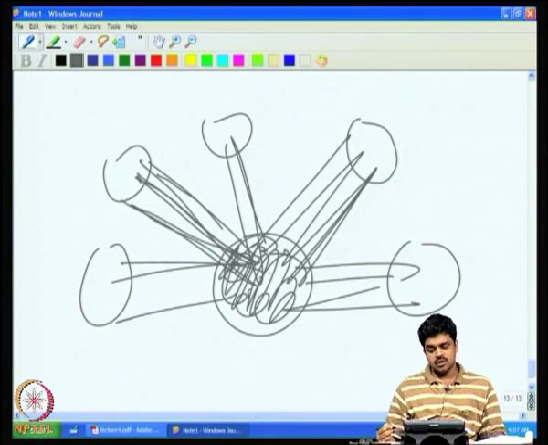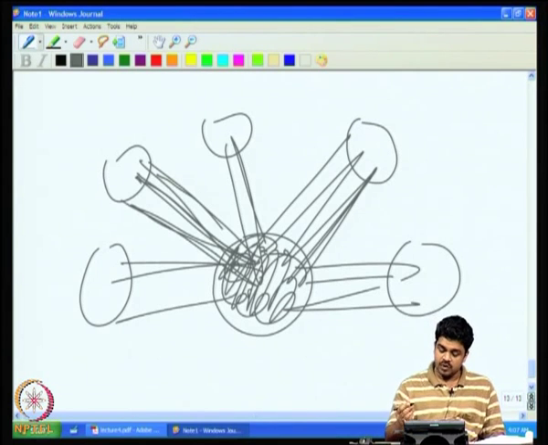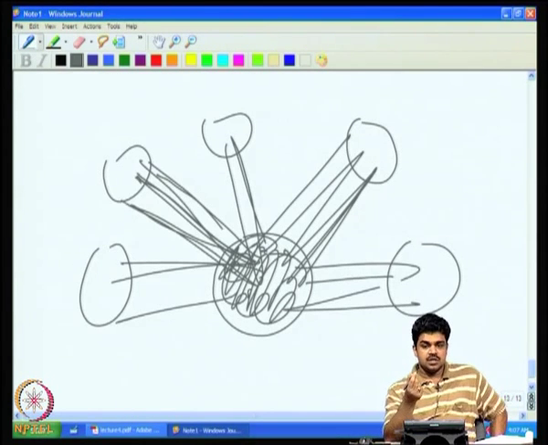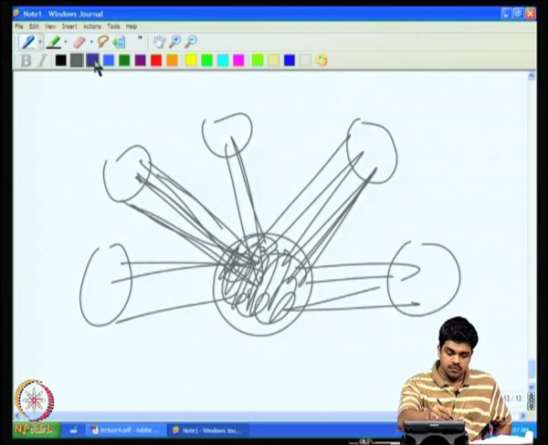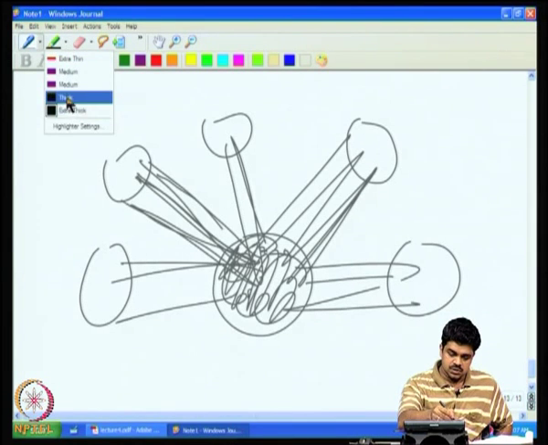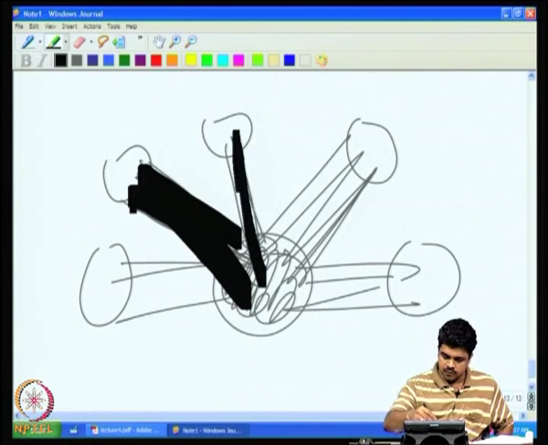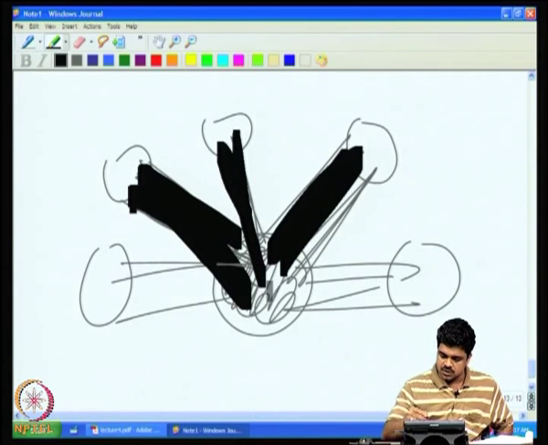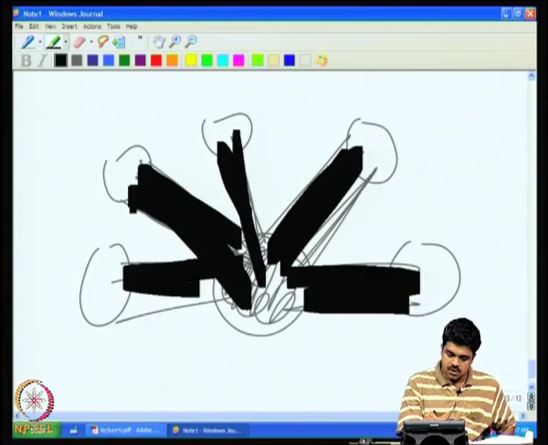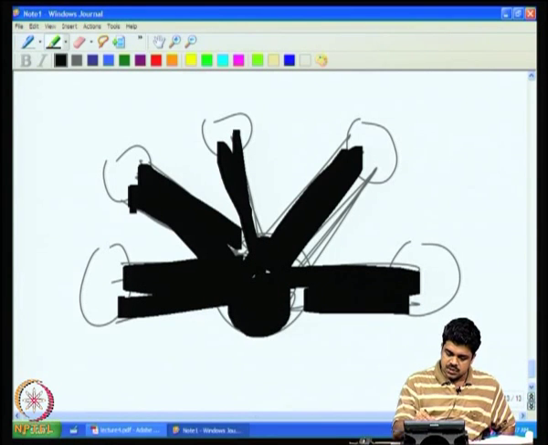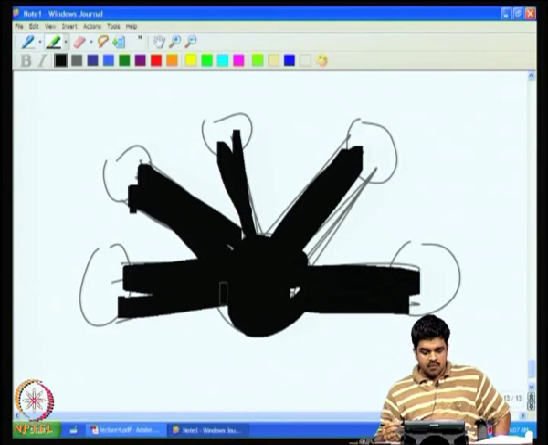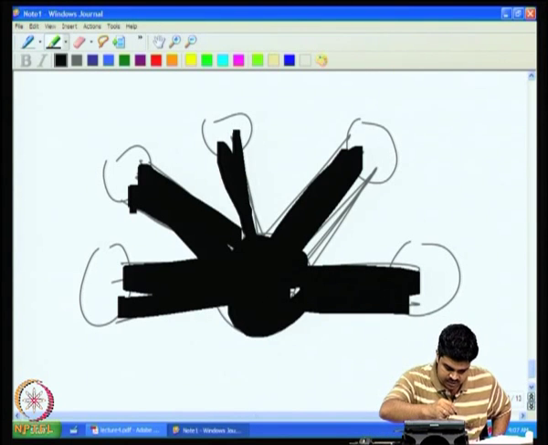So now what is missing? Have we already got whatever we are looking for? It is like this. We will have all these connections here. We have already got this much. We have this complete connection inside also. This much we got. What is missing is this.